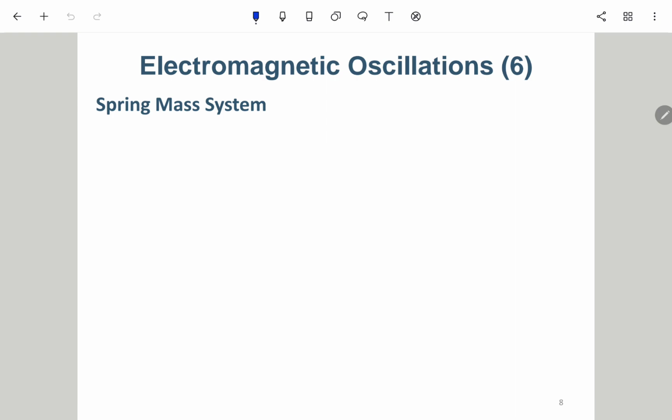Okay, for the spring mass system, we can also derive a similar ODE. Suppose this is a mass, and this is a spring with a coefficient k. We have a force acting on this mass equal to negative kx, according to Hooke's law.